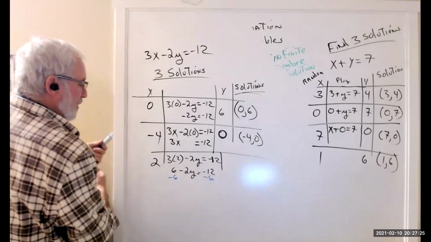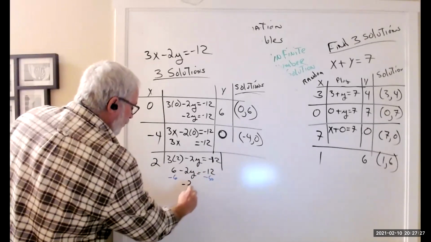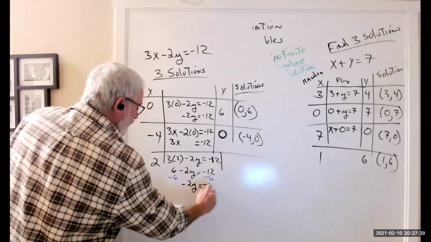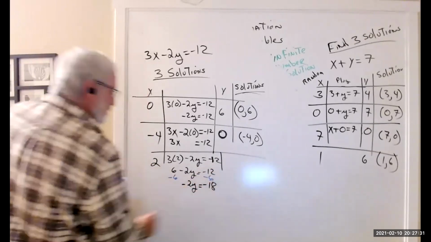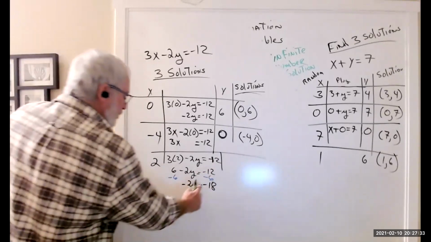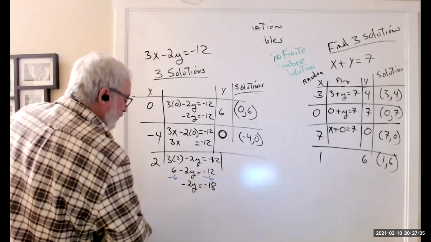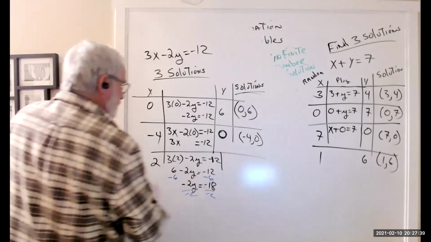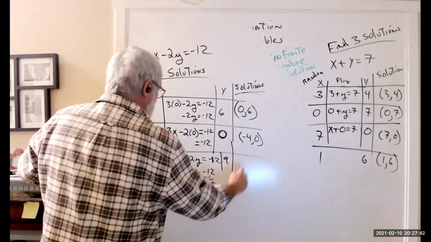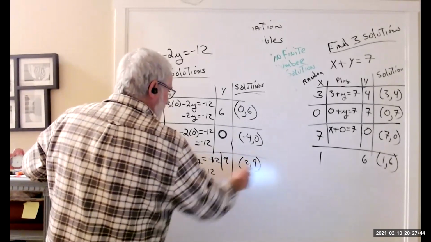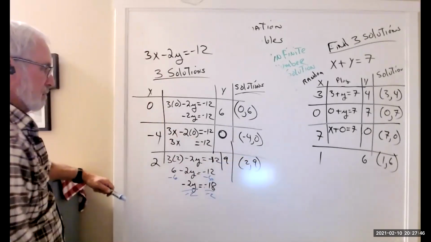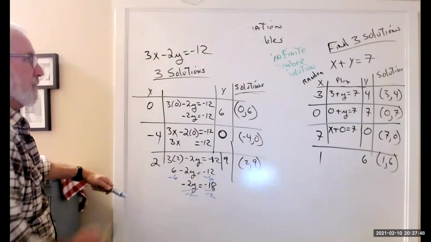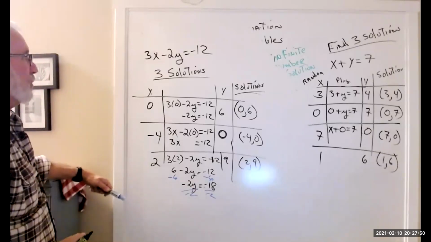It gives me negative 2y equals negative 18. So dividing both sides by negative 2, I get 9. So my solution is 2 comma 9. Is that what you got? Yes. Okay. Anybody else come up with one?